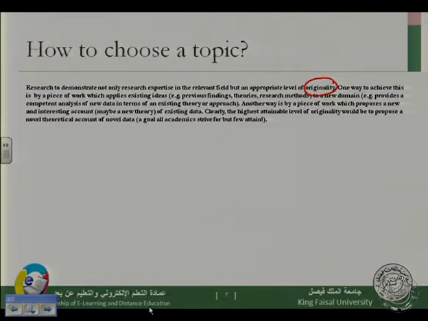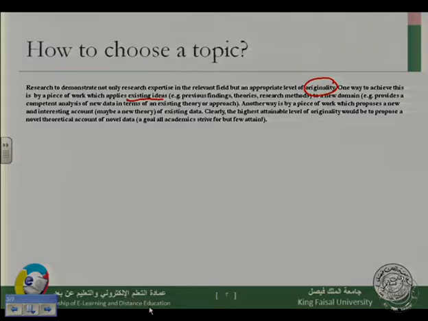No. Sometimes being original in your research means a little difference from others. So we said we are going to apply existing data or ideas, previous findings, theories, research methods, to a new domain, to a new context.